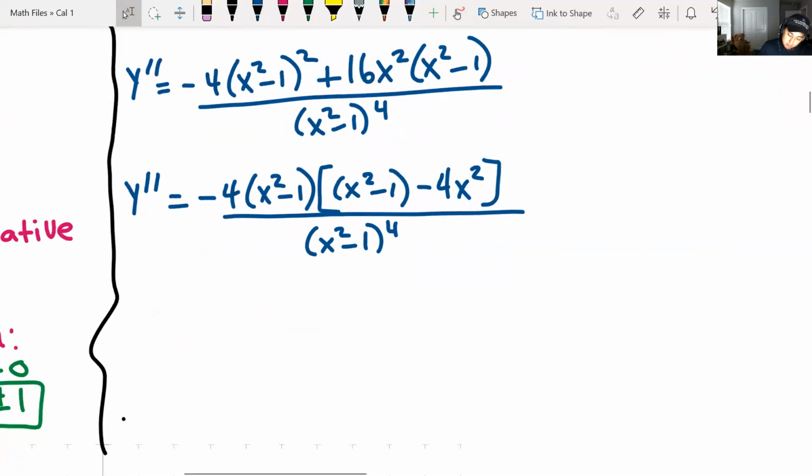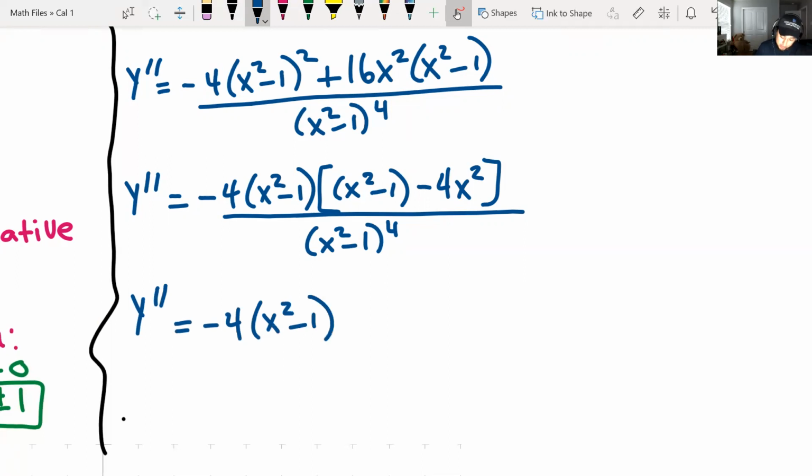Okay, almost there. Y double prime is equal to negative 4 times x squared minus 1 times this x squared minus that negative 4x squared is negative 3x squared minus 1.